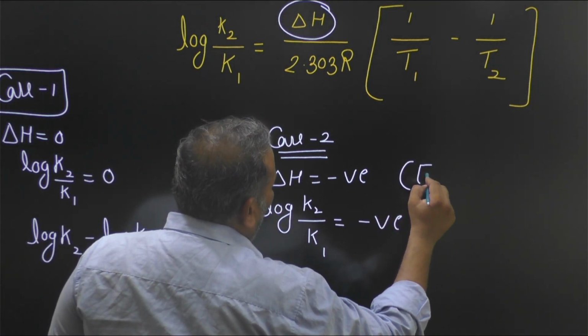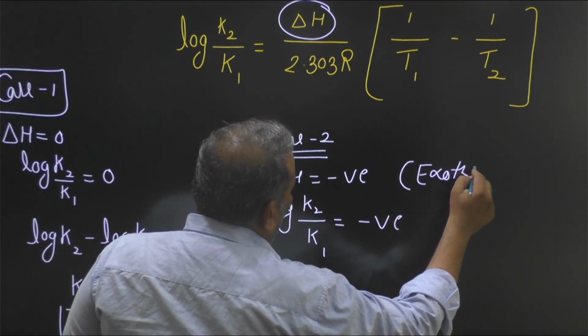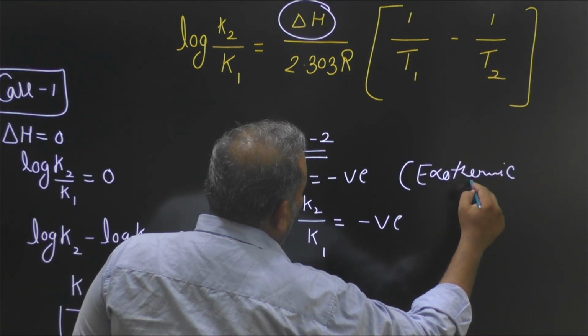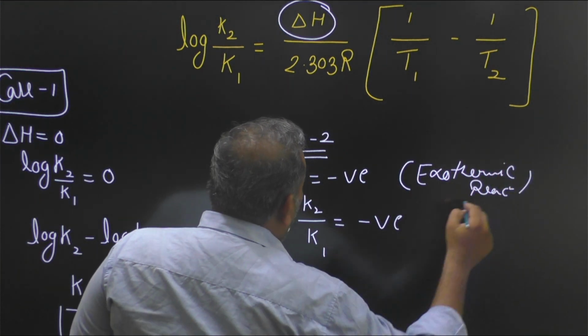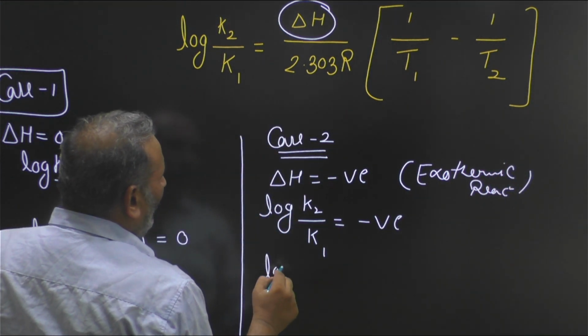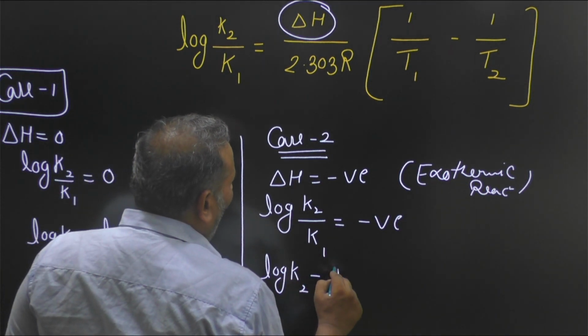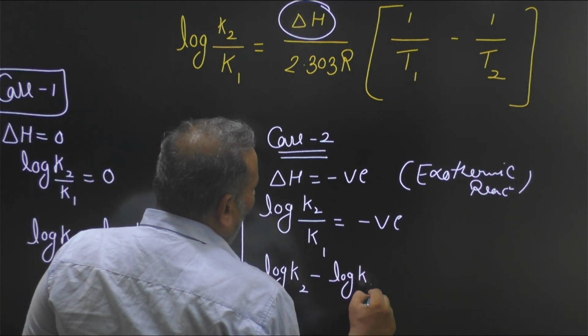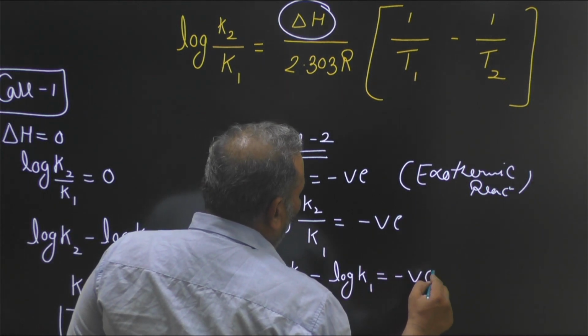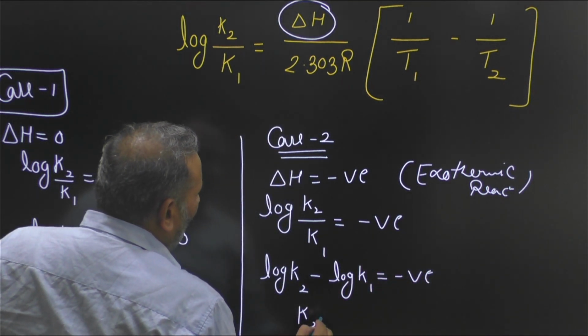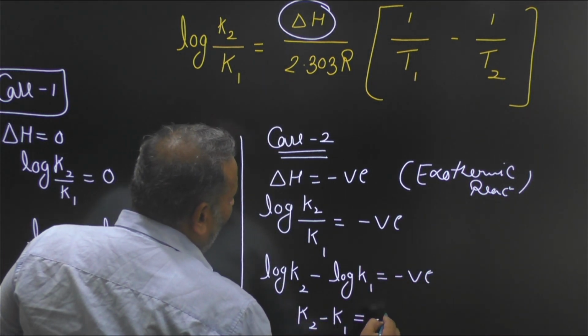That is for exothermic reactions. It means log K2 minus log K1 will be negative, so K2 minus K1 will be negative.